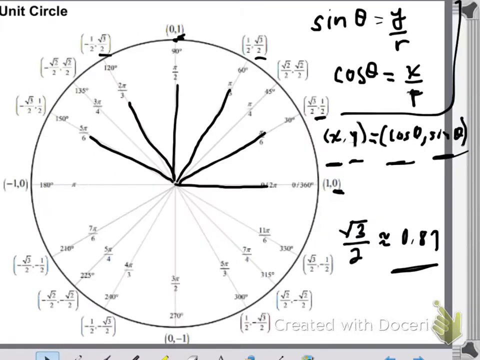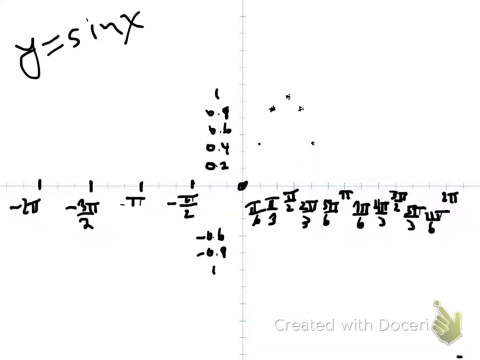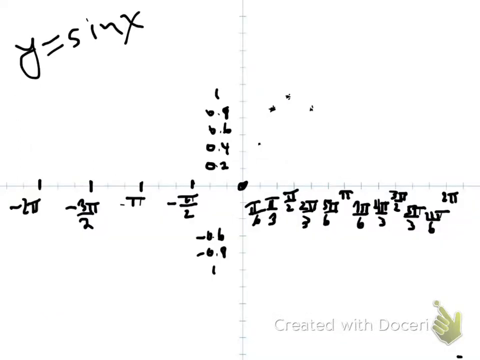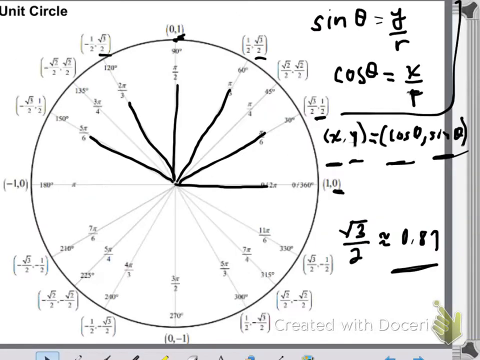Oh, wait a minute. That was 5 pi over 6. Did I do that right? I'm a little off. So 2 pi over 3 should be 0.87. 5 pi over 6, that should be 1/2. Alright, and then the sine of pi is going to be 0.